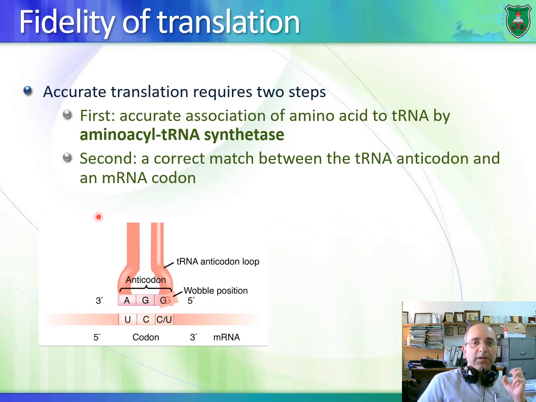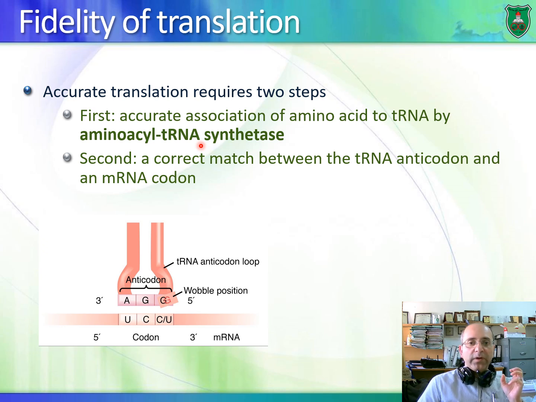Now, translation is really highly accurate, and there are two reasons for why translation is accurate. The first reason is that you have this accurate association of amino acids to tRNA molecules by these enzymes, the amino acid tRNA synthetases. These enzymes are really accurate, so they do not mess up.